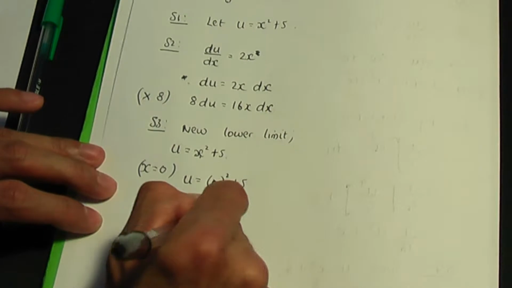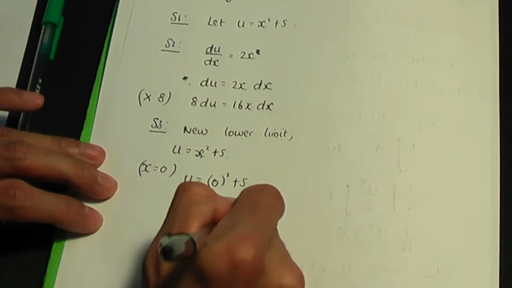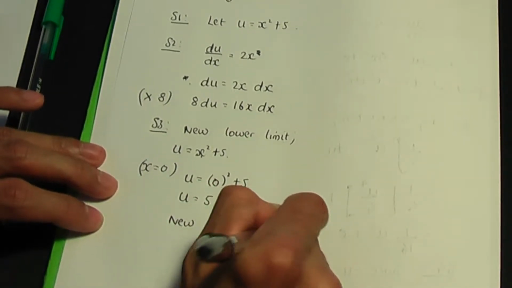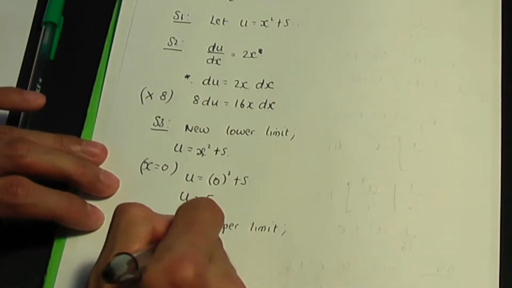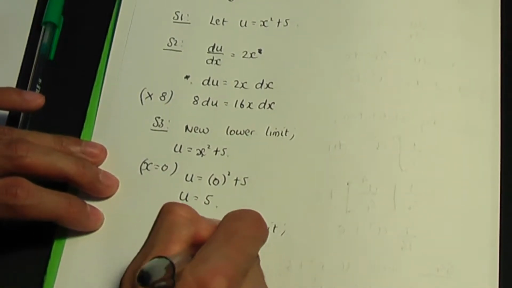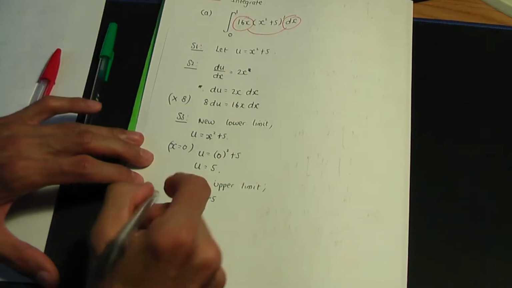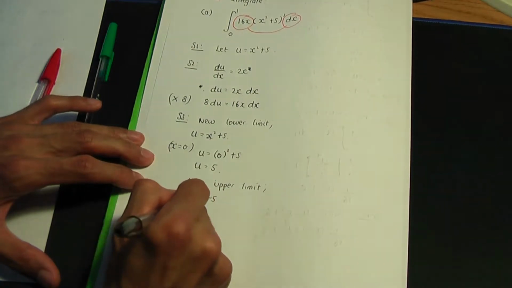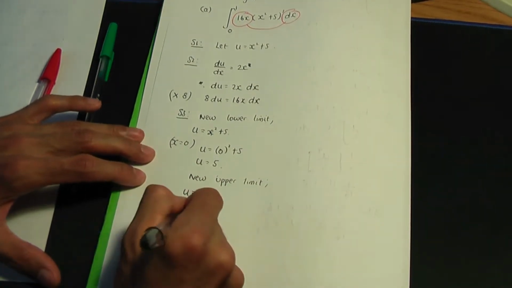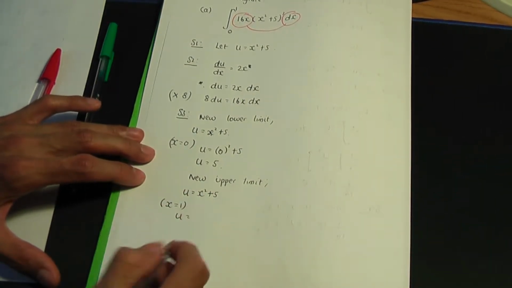Likewise, a similar step for the new upper limit. Take your substitution, u is x squared plus 5. Take your old upper limit, x equals 1, and put that into your substitution.